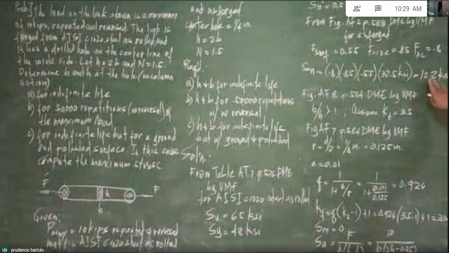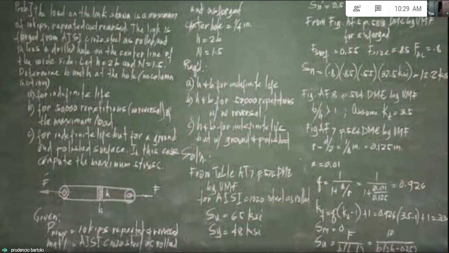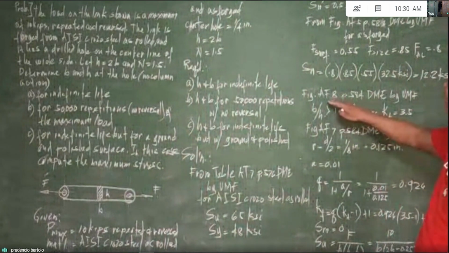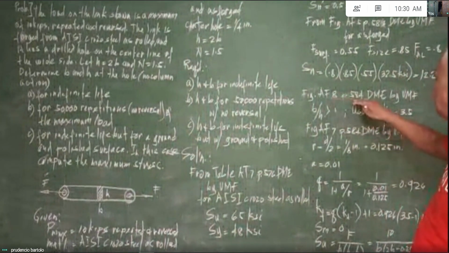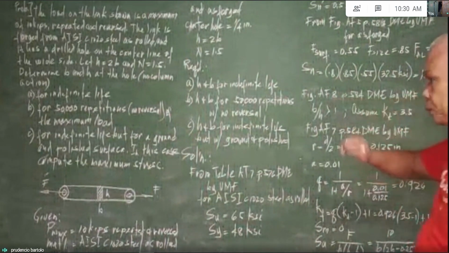So that will be equal to 12.2 ksi. Again, to be able to find KF, we have to consider figure AF7, page 584, Design of Machine Elements by Virgil Moring.